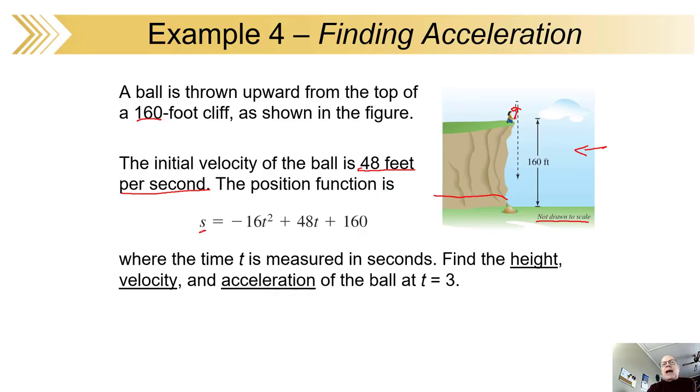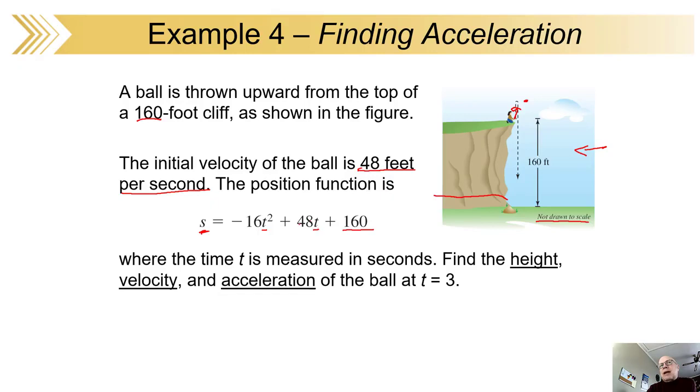Now what does that s represent? Well, let's say there's a point right here. The ball gets to that point. That's where it is after t seconds. And the way we can find out what that is: take the 160, because that's where it started. Because the person threw it upward, it's a positive 48.